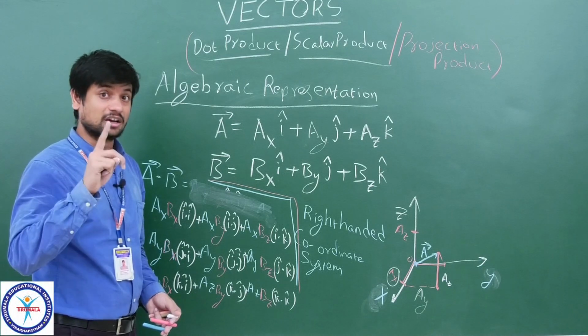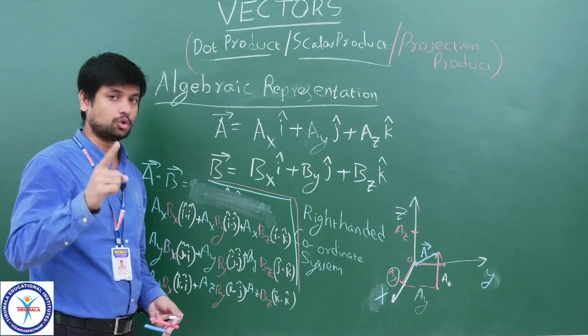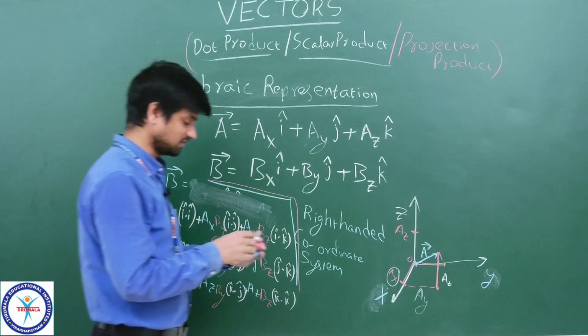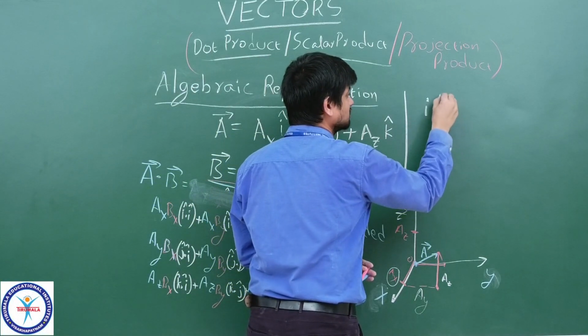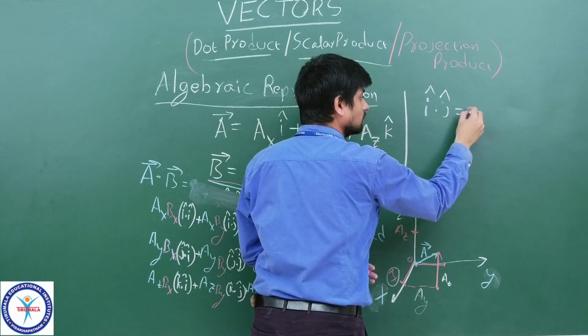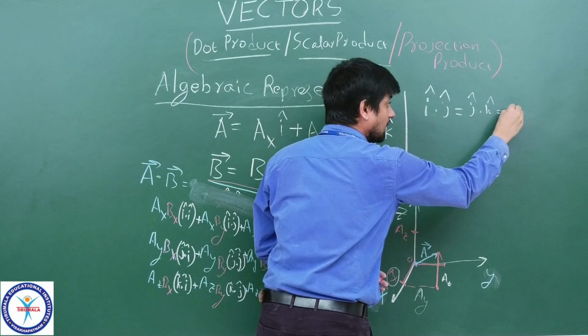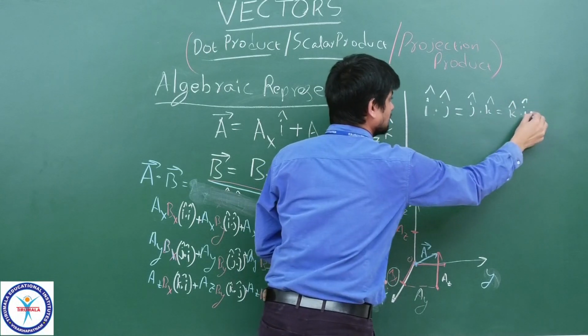The reason is the angle between different unit vectors, either i to j or j to k or k to i, is 90 degrees. That means children, already we have learnt i dot j equal to j dot k equal to k dot i, value 0.